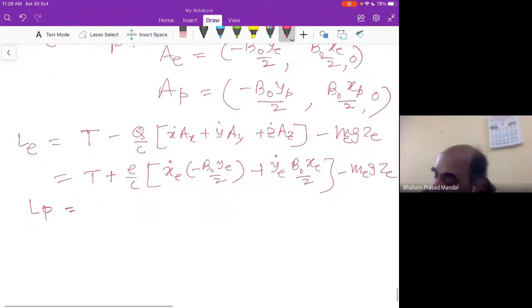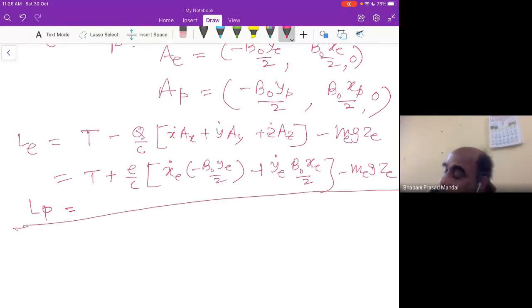Now there is an important concept that I'll tell you, then I'll go back to the mid-sem question paper. The important thing is that I said the vector potential A is not unique. It is related by a gauge transformation, A prime equals A plus gradient of lambda.